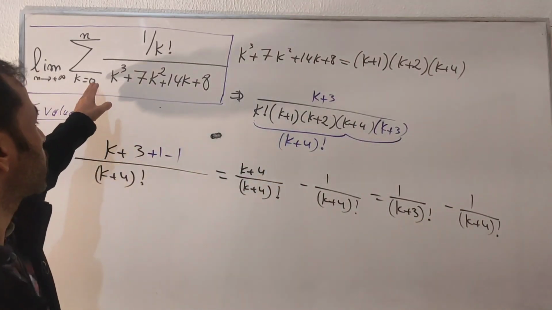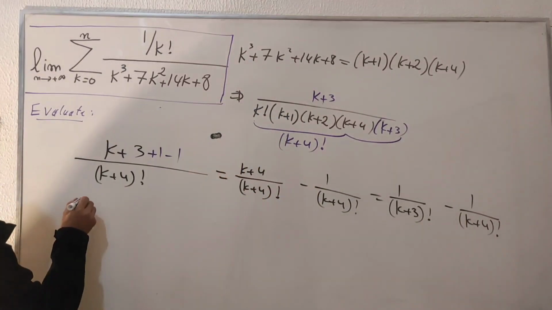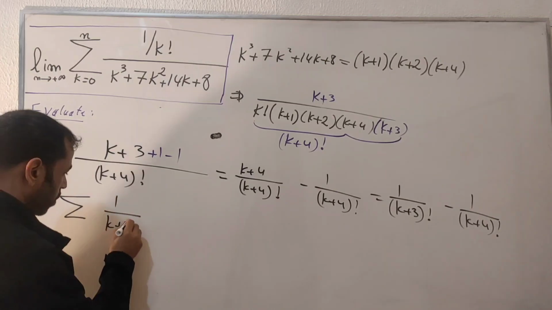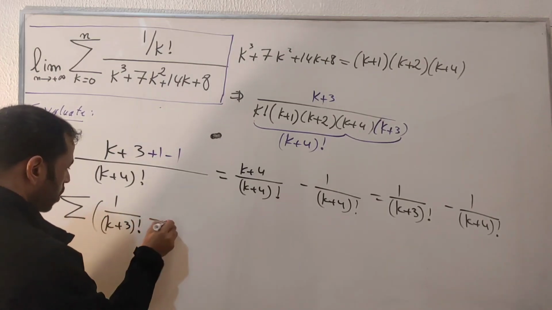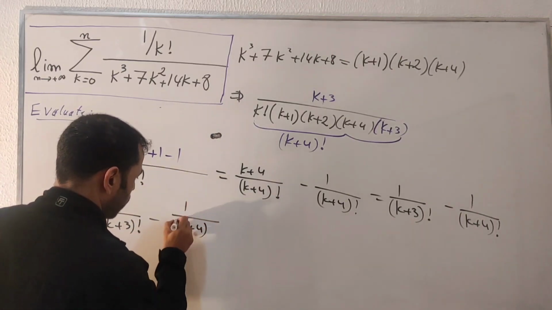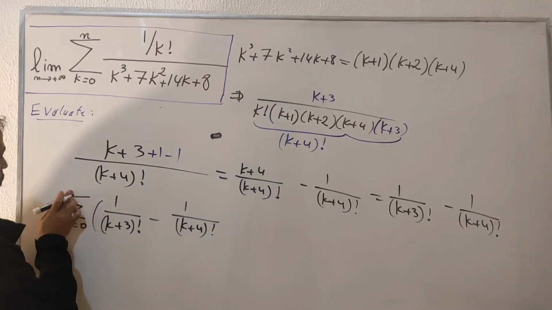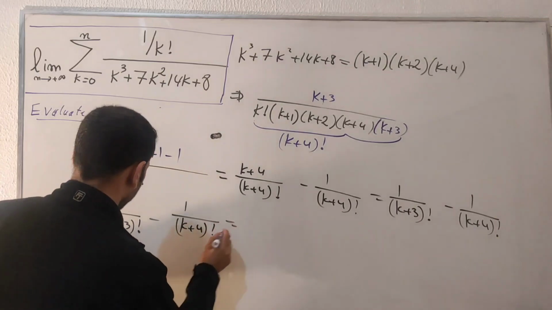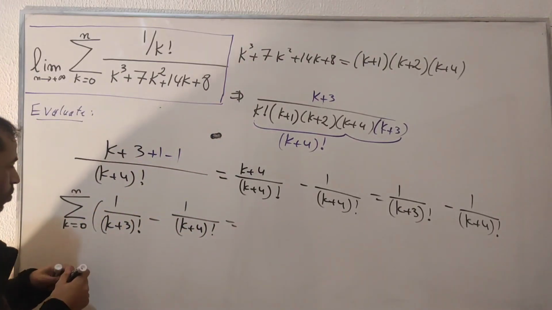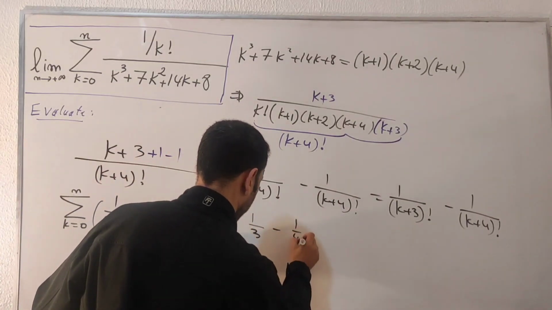If I apply the sum to this, I will have a telescoping expression: the sum of 1 over k plus 3 factorial minus 1 over k plus 4 factorial, when k goes from 0 to n. Expanding by replacing k with 0 as the first term, I get 1 over 3 factorial minus 1 over 4 factorial.